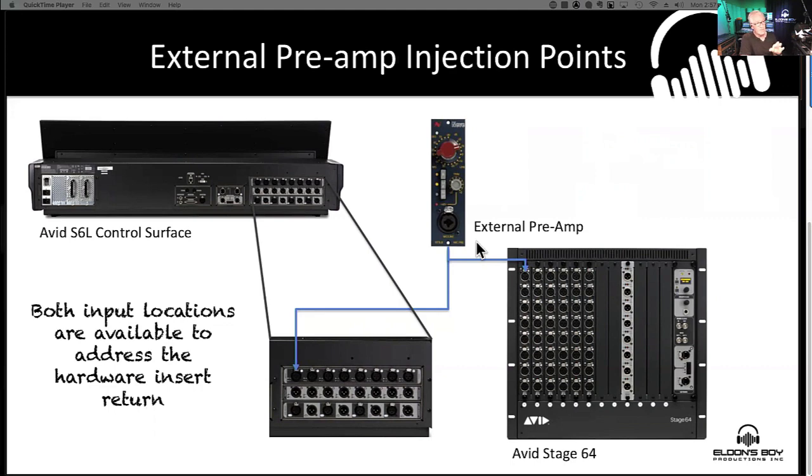I'm not coming right into the preamp there. I'm just bringing it into that XLR, and then via the software, I'm saying, see that XLR that's got my external pre in? Bring that into the insert return, please. Don't just bypass the preamp. So you can do that. Absolutely can do that.